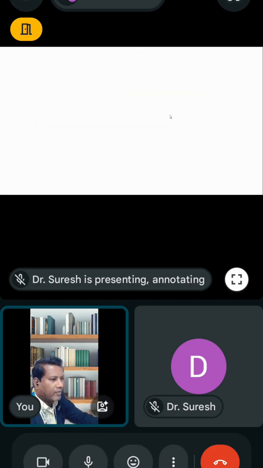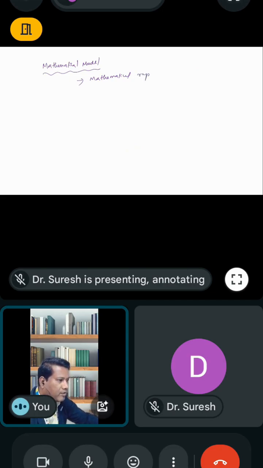Next, the mathematical model. What is a mathematical model? It is a mathematical representation of physical systems.